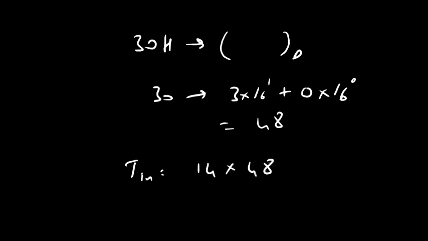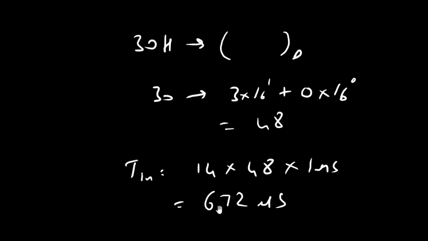So whatever number we get, 14 into 48, that is our delay inside. We have taken the jump instruction as 10, and 14 into 48 is of course 672 microseconds.